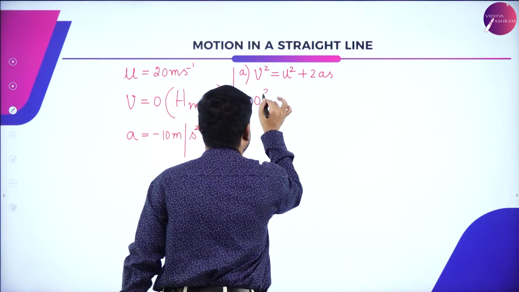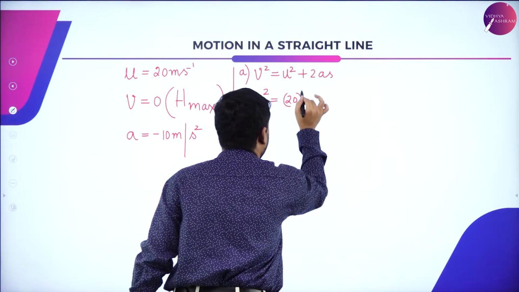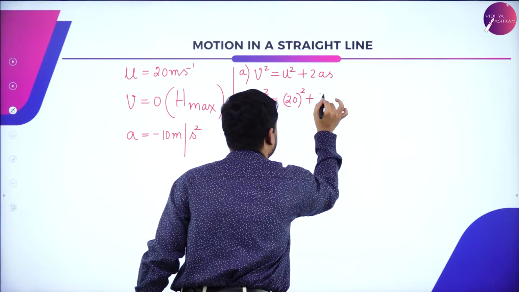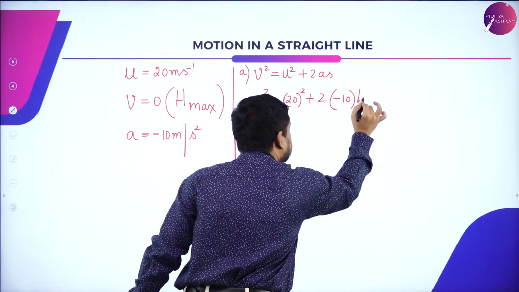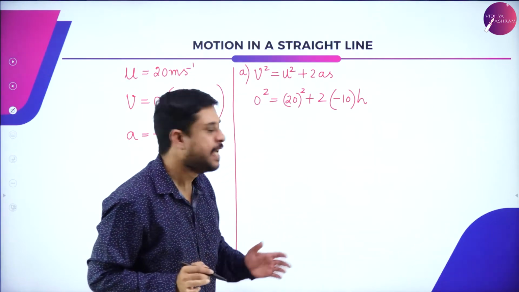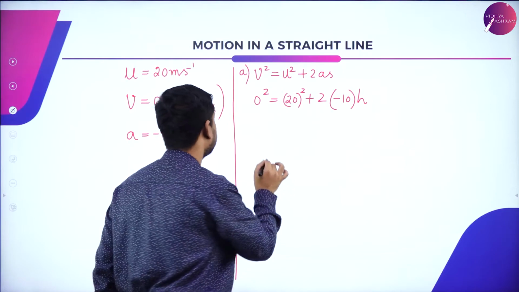So 0 square is 20 square plus 2 into minus 10 into H. a is very clearly minus 10.